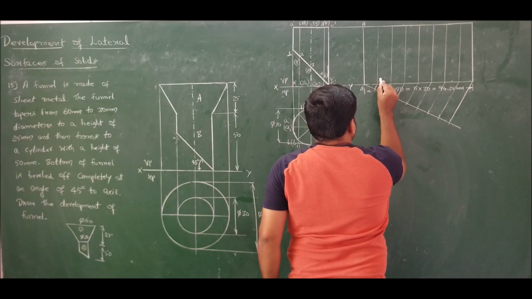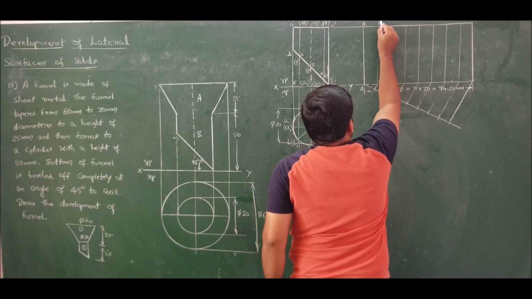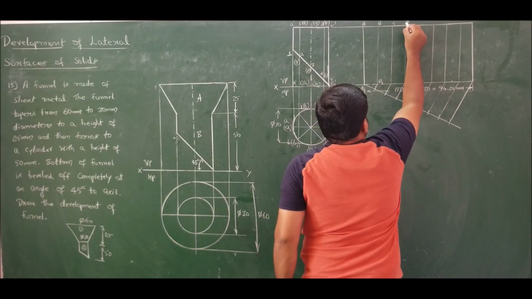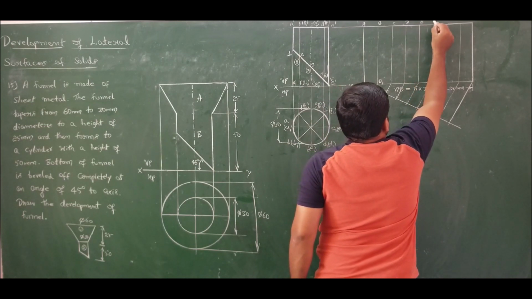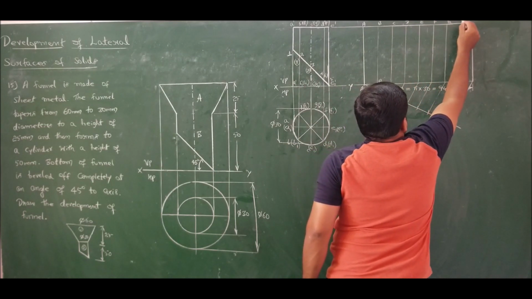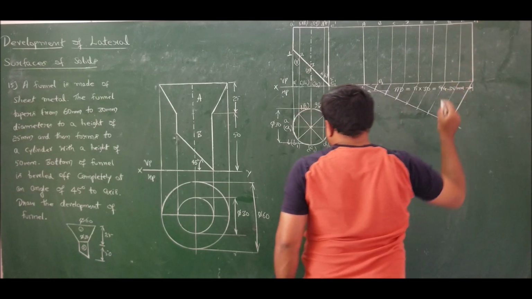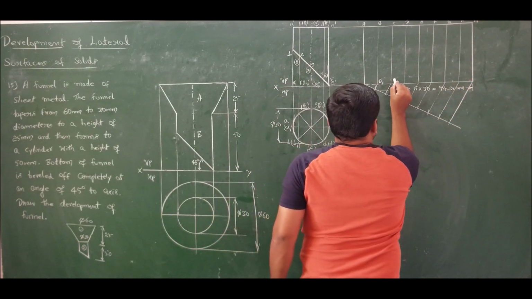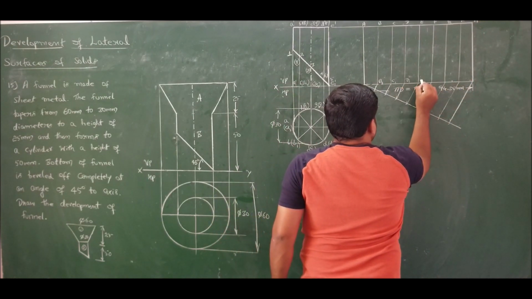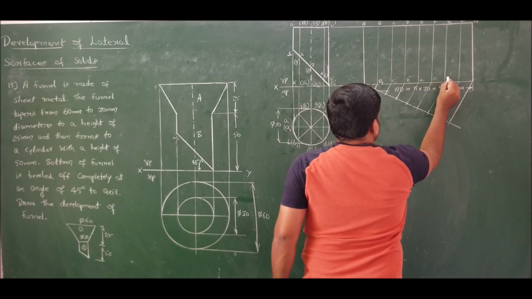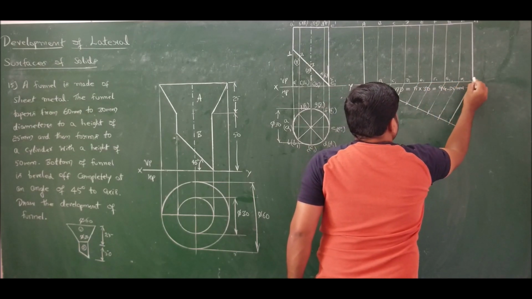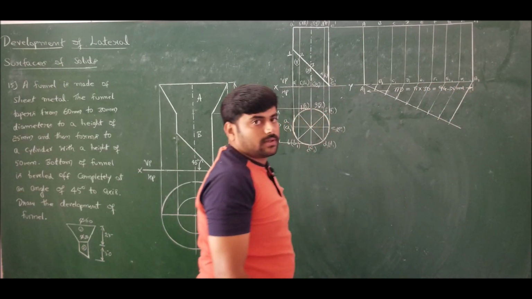This will be B1, B, C, D, E, F, G, H, closing side is A. This is C1, D1, E1, F1, G1, H1, closing side is A1.